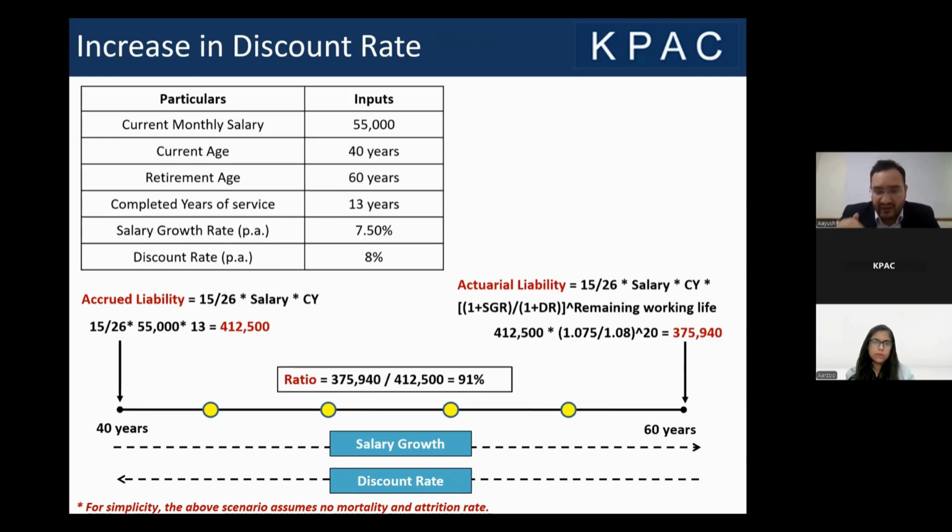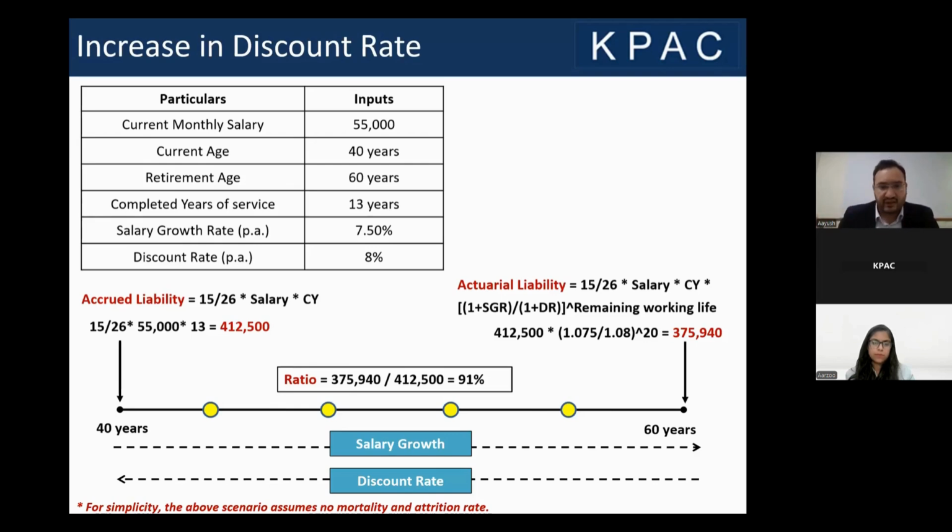So whenever my discount rate is higher than my salary growth rate, I would expect my actual ratio to be lower than 100%. Actual ratio is simply the ratio of actual liability to accrued liability. Whenever my salary growth rate is higher than my discount rate, we would expect the actual ratio to be higher than 100%.